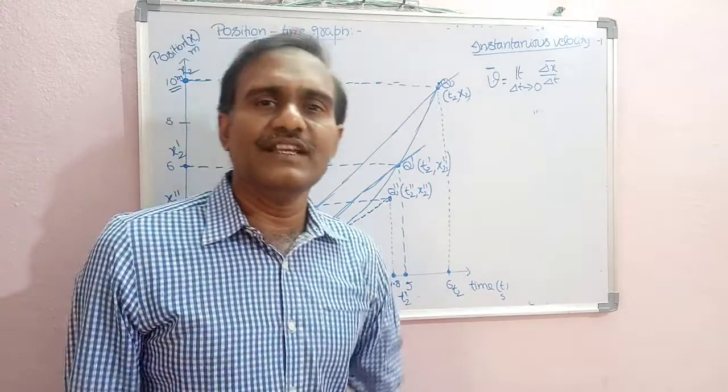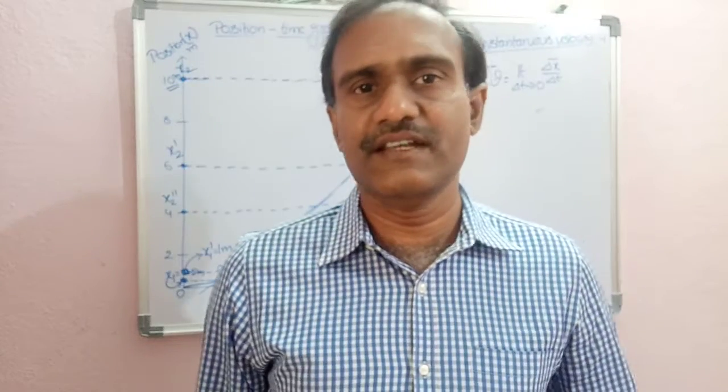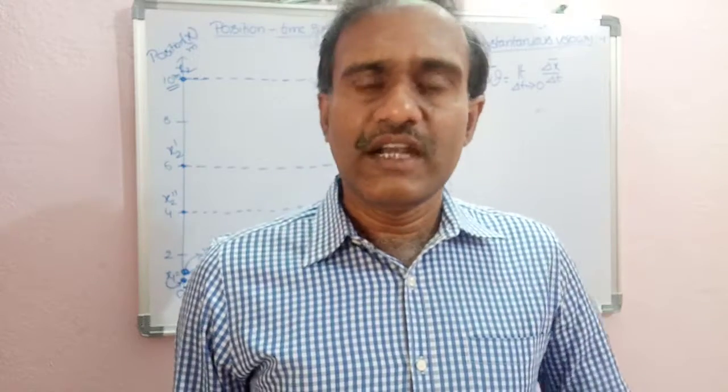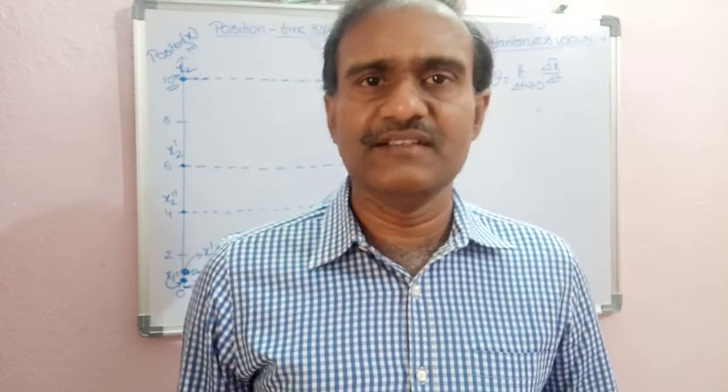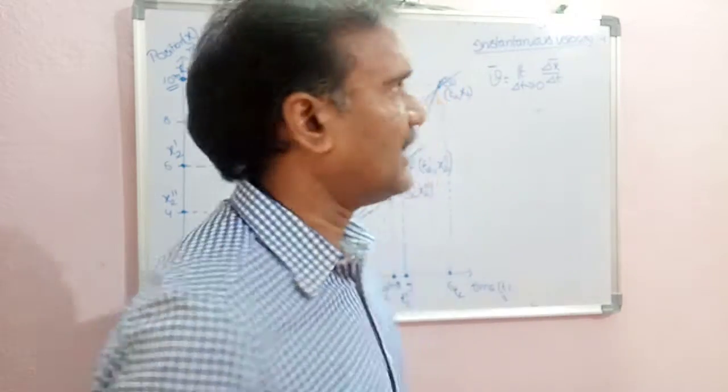In case of motion in a straight line, is there any difference between instantaneous velocity and instantaneous speed? No, there is no difference. There is no difference between instantaneous speed and instantaneous velocity in case of motion in a straight line.